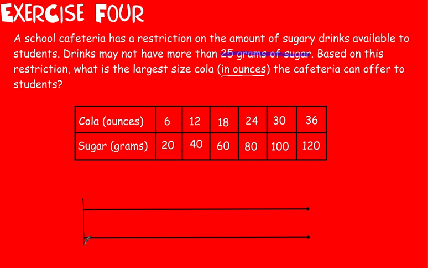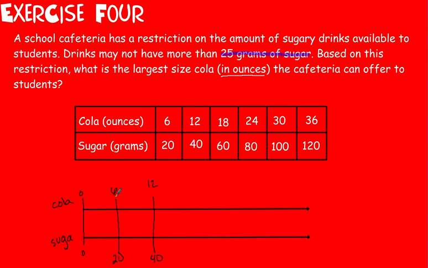So it's going to be the same double number line, so you're still starting at 0, you still have cola, and you still have your sugar, and you still have your same ratios, so 6 to 20, 12 to 40. Now, do we really need to do any more?